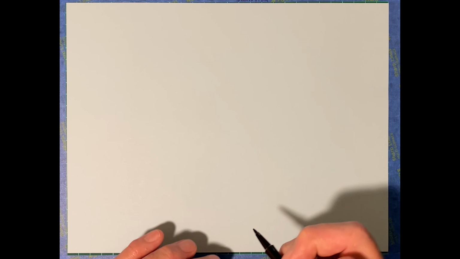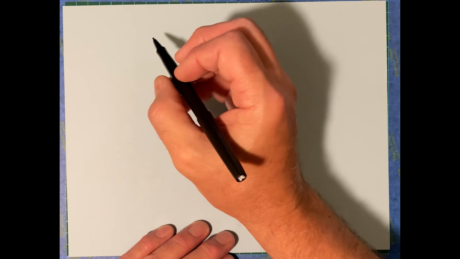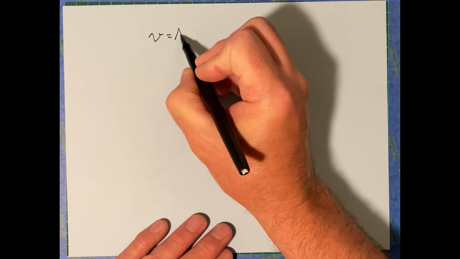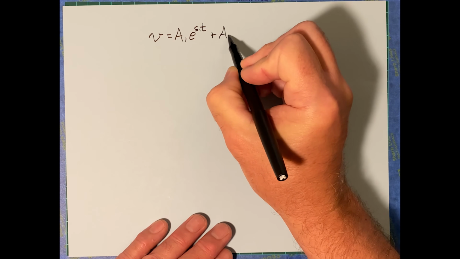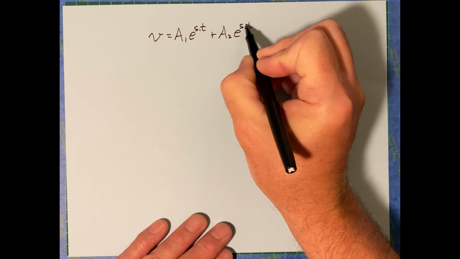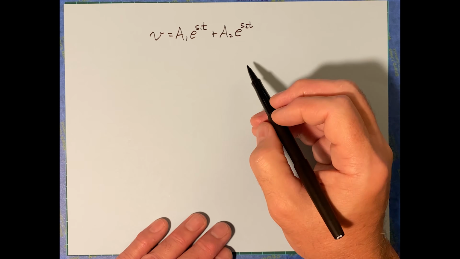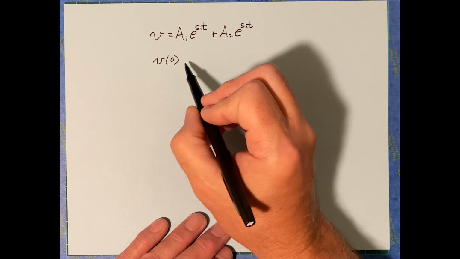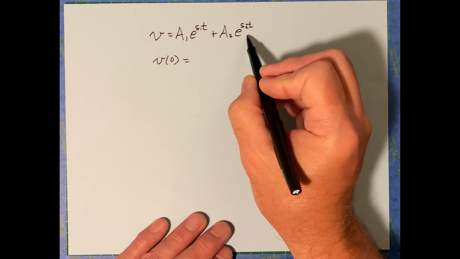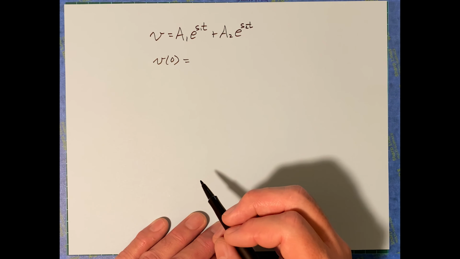So we know what the form of the basic solution looks like, and we've got 2 coefficients, okay? V equals A1e to the S1t plus A2e to the S2t. And if you know the voltage at 0, then it's just this evaluated at t equals 0.